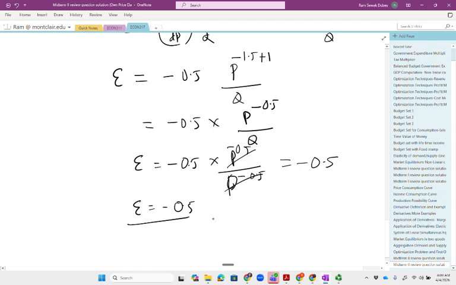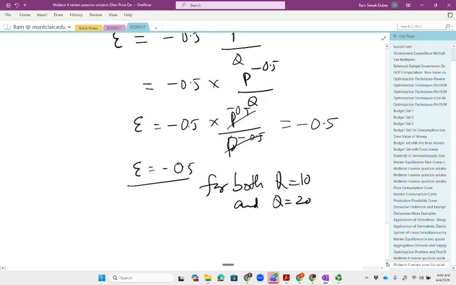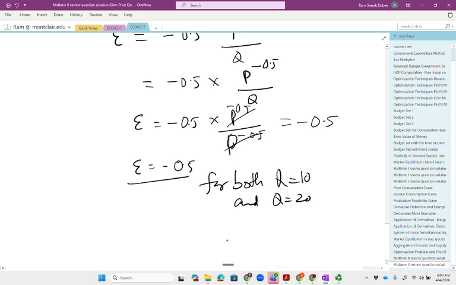So for both Q equal to 10 and Q equal to 20, because there is no Q or P term appearing in the expression for the elasticity. This type of demand is called isoelastic demand.